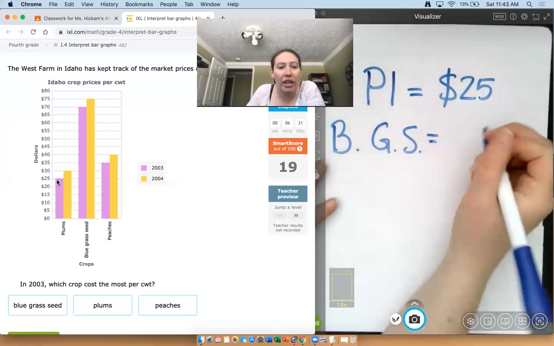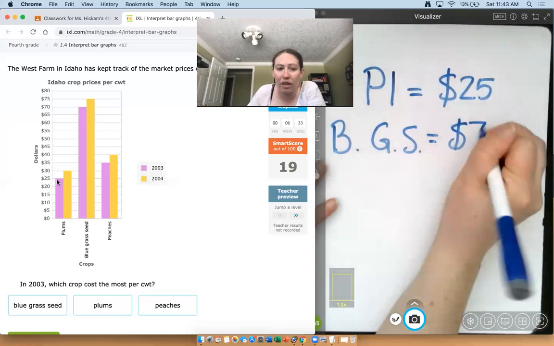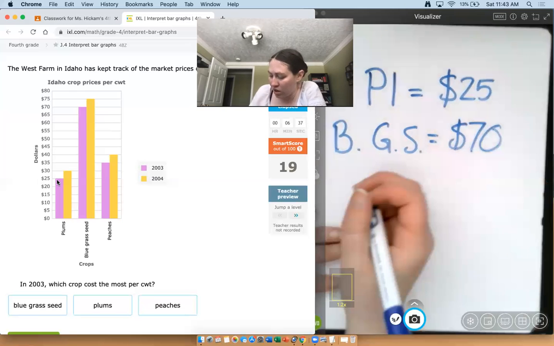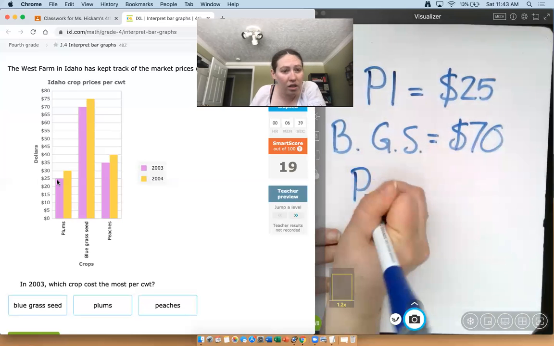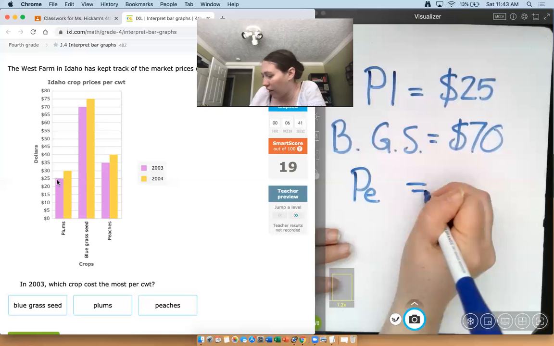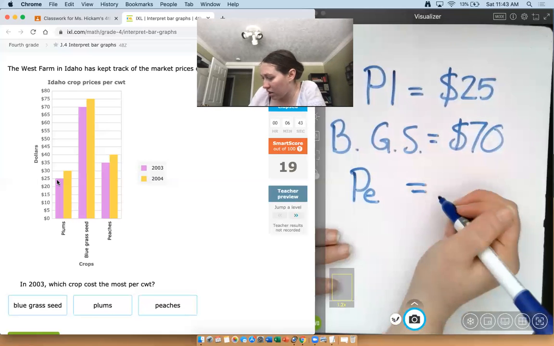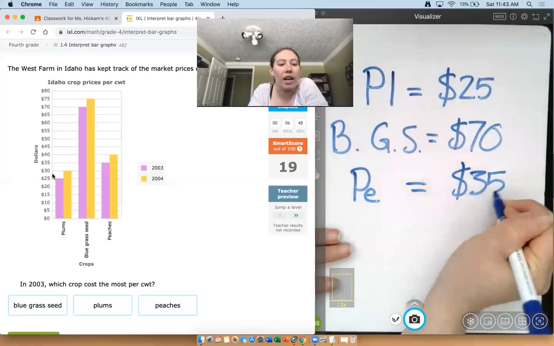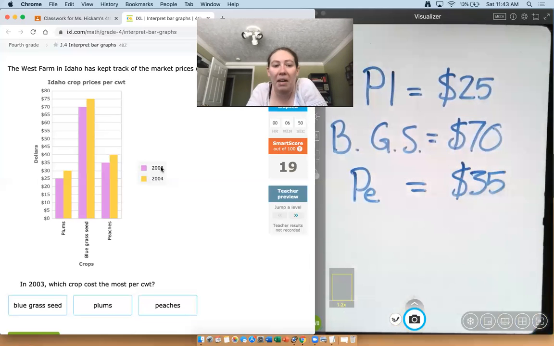Remember, I'm only looking at the pink because it's in 2003. And peaches cost 35. So all I did to get those numbers was I looked at the color that matched 2003 and went up and found whatever line it was on.